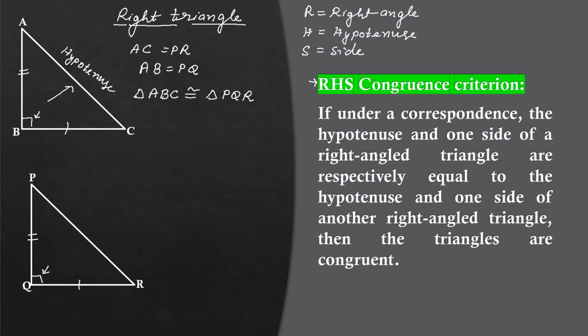So this is what you need to keep in mind, that RHS congruence criteria is only applicable to right angle triangle and not for any other type of triangle, whereas the other congruence criteria can be applied to any of the triangles including right angle triangle.